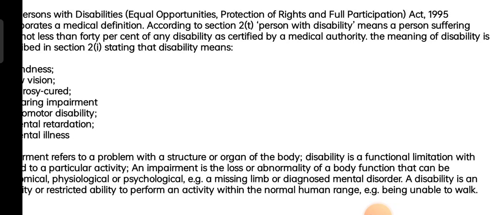When you apply for a government job or any higher studies, they have a column asking, are you a person with disability? Yes or no. Even in the UGC NET exam, whatever exams you appear for, before you fill in the application form, you have a column asking if you are a person with a disability.